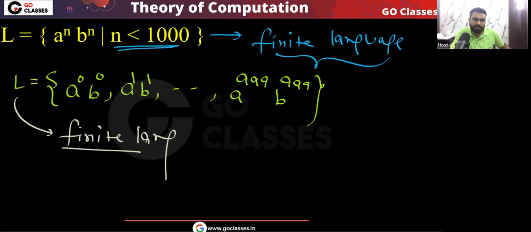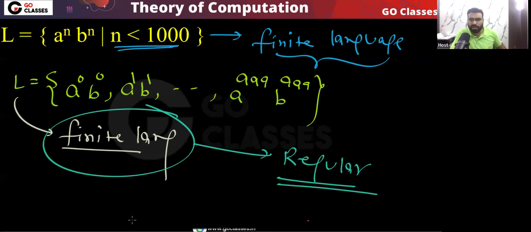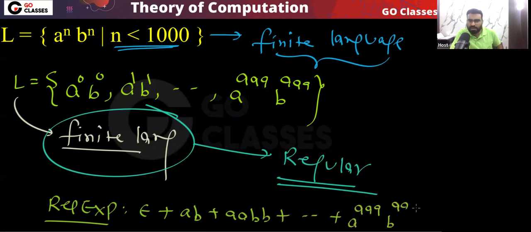And because this is a finite language, and every finite language is regular, I told you. So this is a regular language. And what will be the regular expression for this language? Tell me. The regular expression will be epsilon or ab or aabb, and so on, up to a power 999, b power 999.